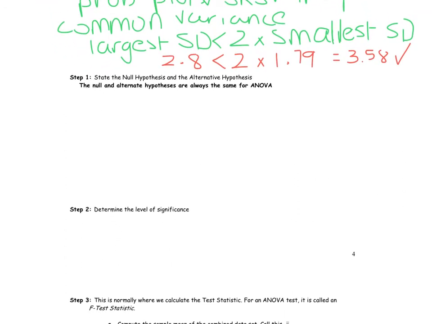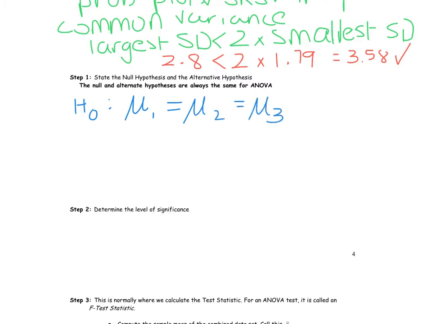Let's look at our null and alternative hypothesis. It's always the same for an ANOVA. We have 3 populations. So we would want our null hypothesis to look like this: mean 1 is equal to mean 2 is equal to mean 3.